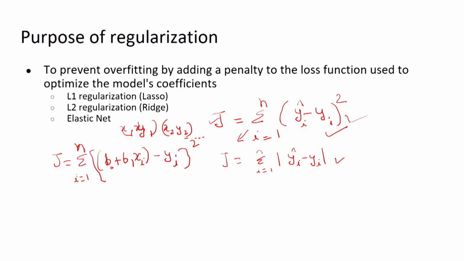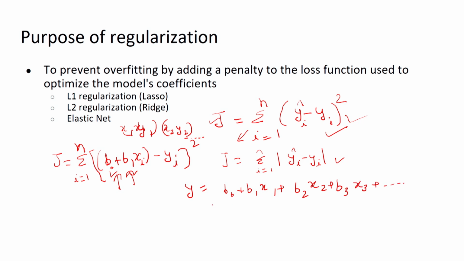We are trying to find those values of b0 and b1 such that this cost function value is minimum. It will be better if we understand it with respect to multiple linear regression, where your model is y equal to b0 plus b1 x1 plus b2 x2 plus b3 x3 and so on.